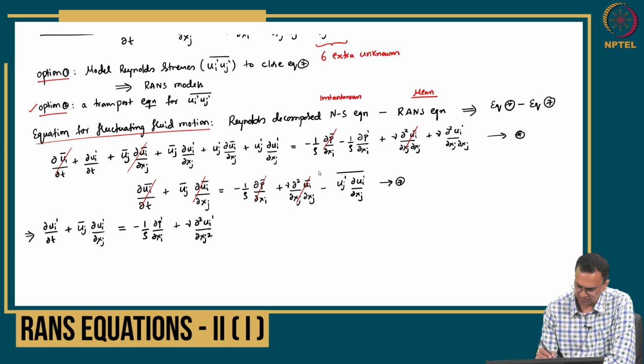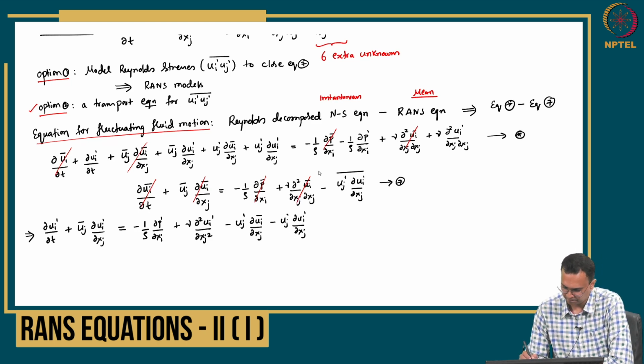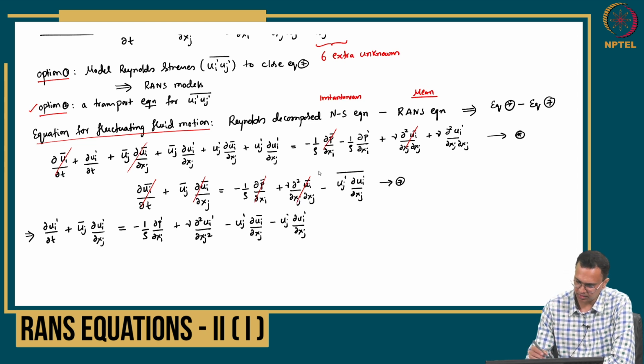Okay, the rest of the terms: this is plus minus of this, so this becomes minus, coming onto the other side, minus uj prime dou ui bar by dou xj, minus uj prime dou ui prime by dou xj, and then this minus of this will be positive, so this takes the positive form here, plus uj prime dou ui prime by dou xj average.